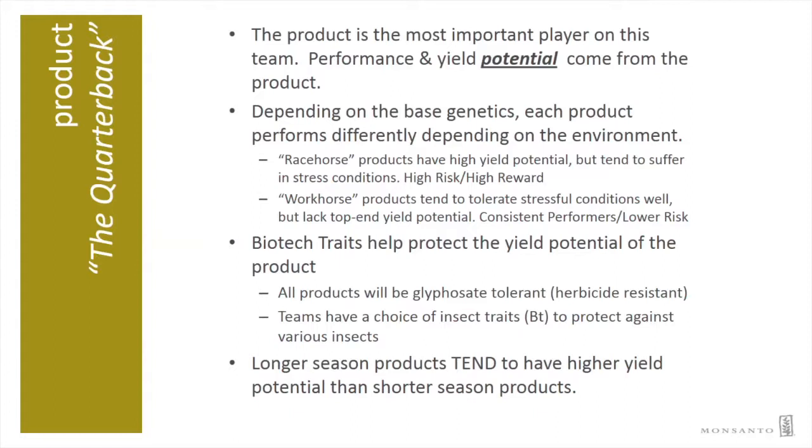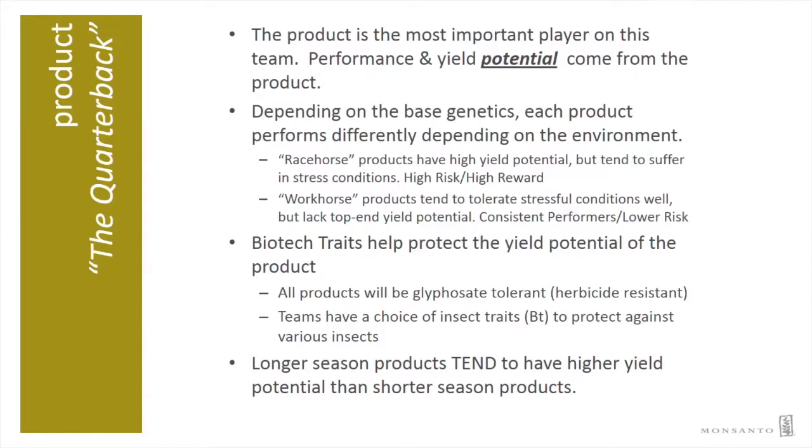They get out of the gate and they work for you all year long. They have a little bit lower risk, but have a little bit more consistent performance throughout the season, especially around those stress conditions that we really can't anticipate.